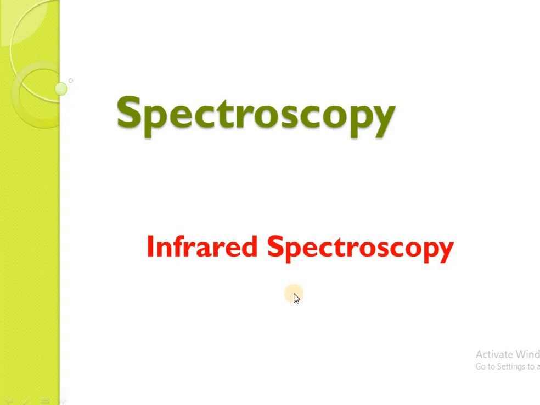Today we will continue IR spectroscopy. We have already done its principle, then its types of molecular vibrations, and then we will do IR regions, and in those regions which functional groups can be identified, so that the structure of an organic compound can be determined.